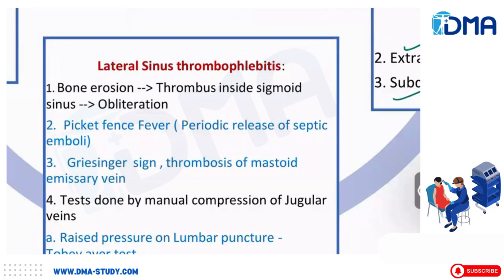So what are the features that we could anticipate if the lateral sinus had been thrombosed or blocked? The first one is picket fence fever. Next one is dry finger sign positive. If there is thrombosis over the mastoid emissary vein, post-auricular region to the pinna, it is called dry finger sign positive.